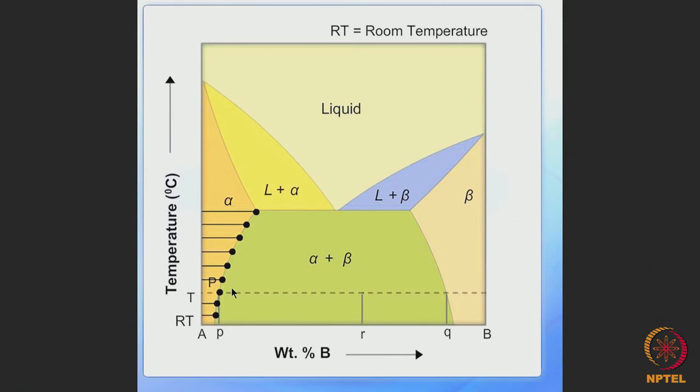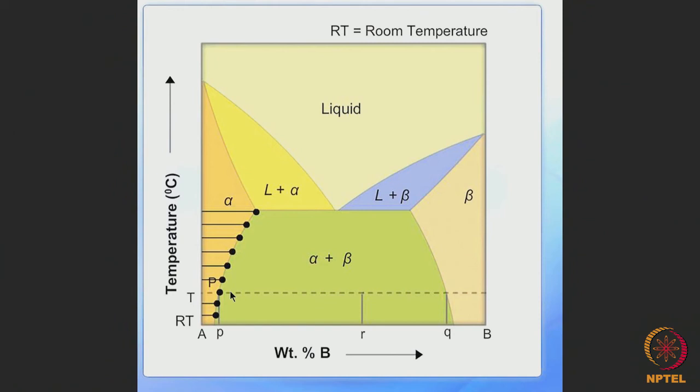Now, when you take a composition given by this point at this temperature, it will have alpha and beta both, but here the amount of beta will be much less compared to the amount of alpha.